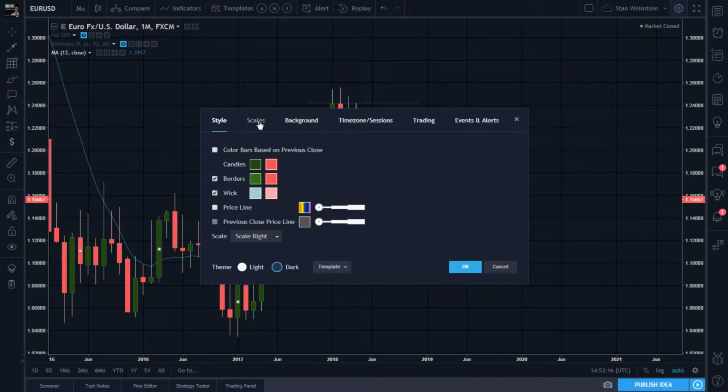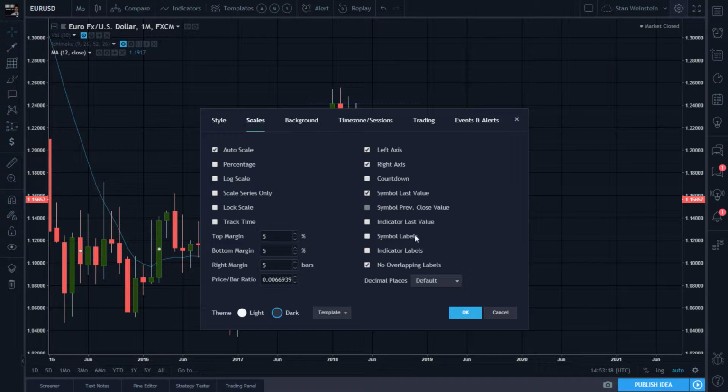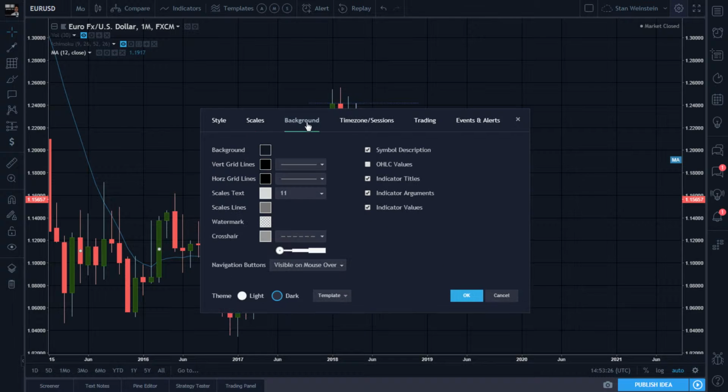Let me configure that. I want to see not the labels, but the indicator value. Background, indicator titles, indicator values. There it is.